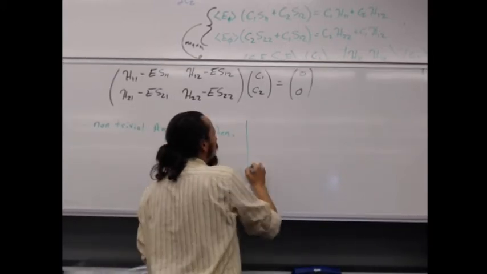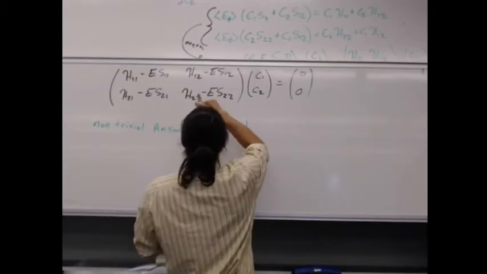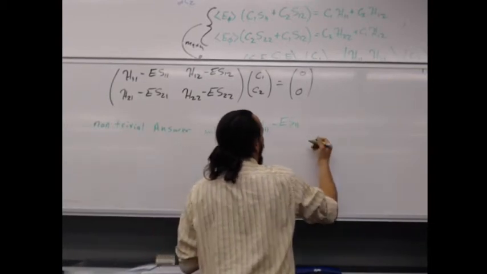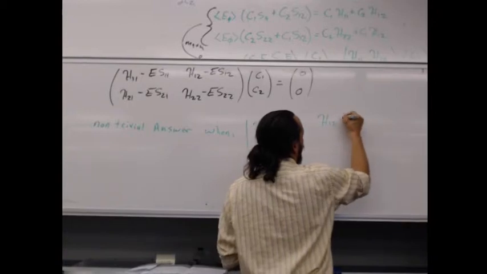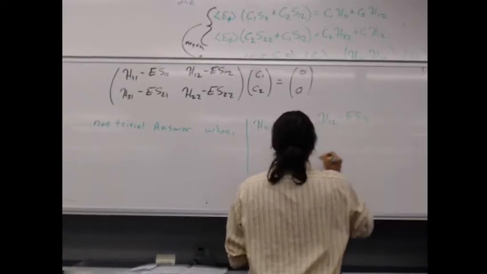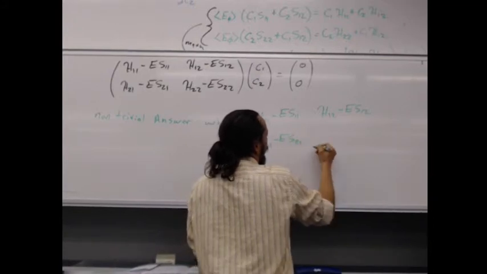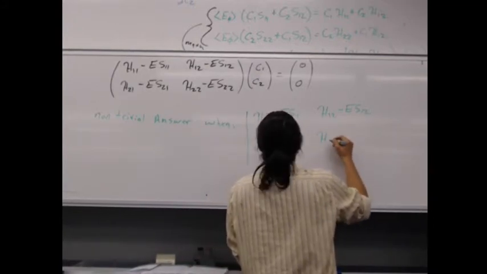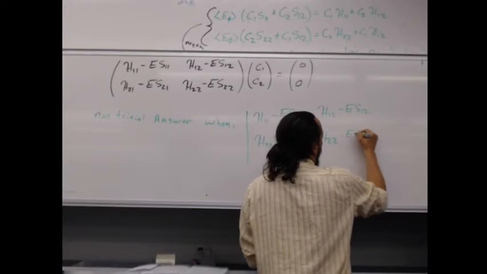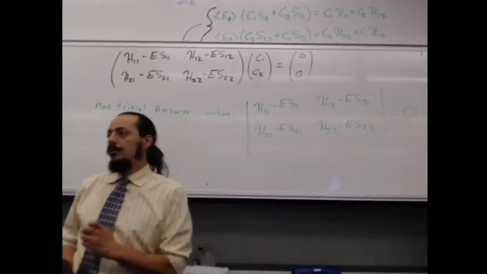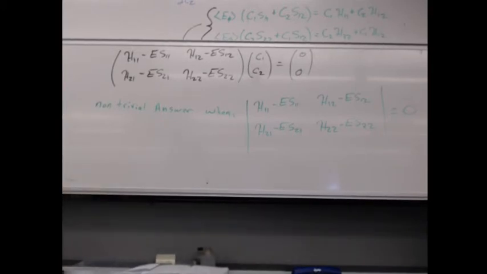We have a non-trivial answer when the determinant of our matrix equals 0. And I want to make sure we're clear about this. This is different than what we saw with the Slater determinant.